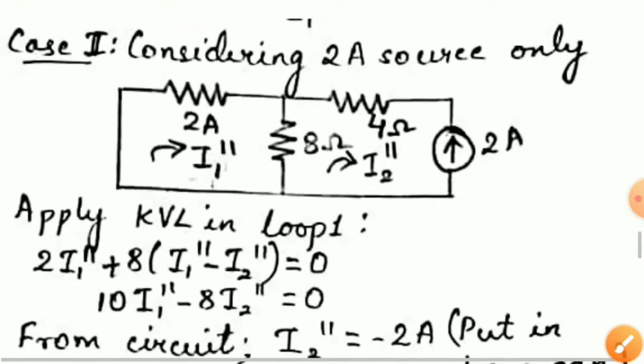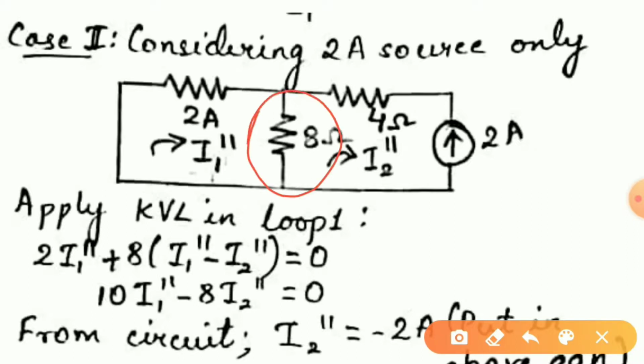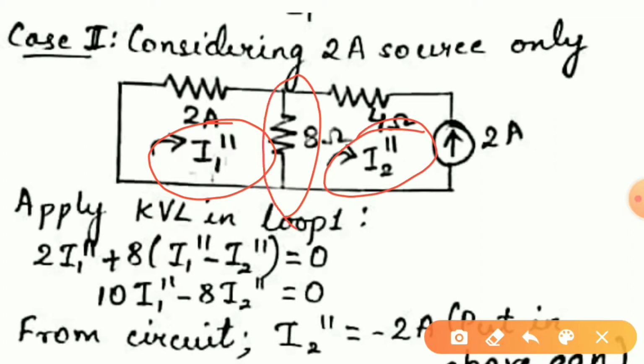Let us go to case 2, where we need to find the amount of current flowing in 8 ohm because of the current source of 2 ampere. Voltage source of 20 volt is short circuited here. So the current flowing through 8 ohm will be because of both I1 double dash and I2 double dash currents. We have two loops in the question.